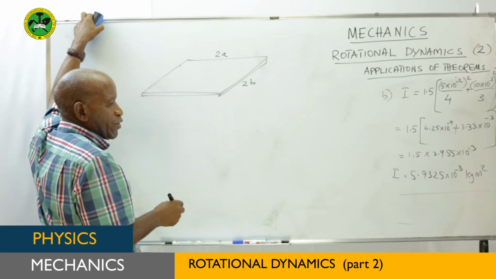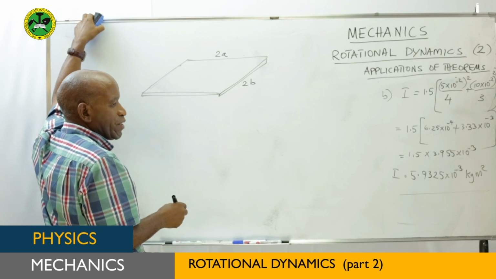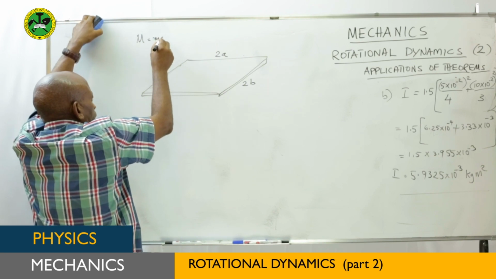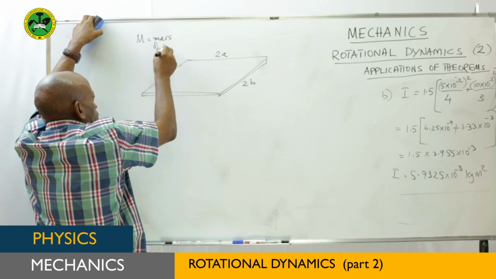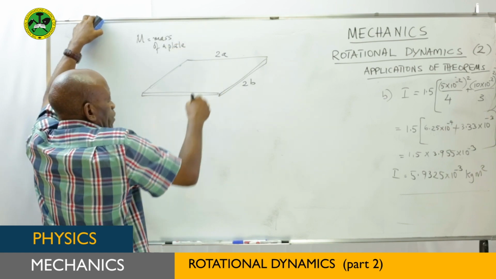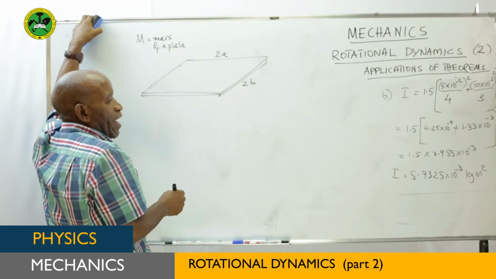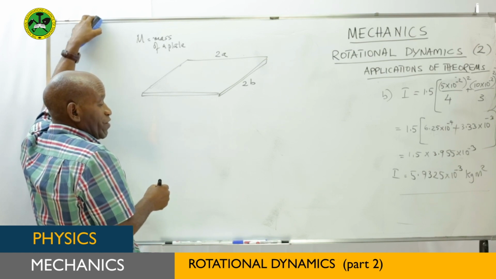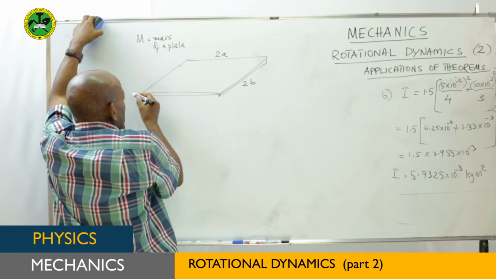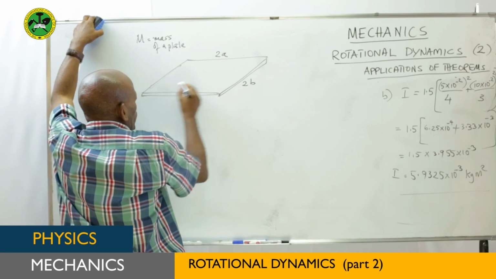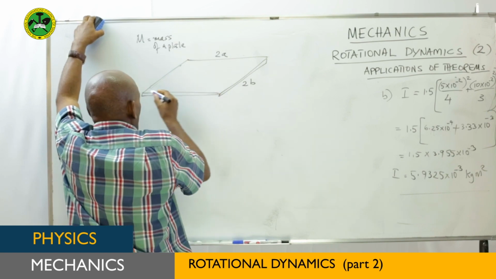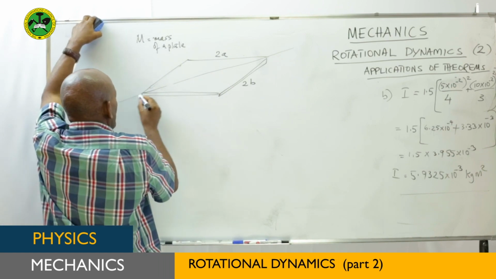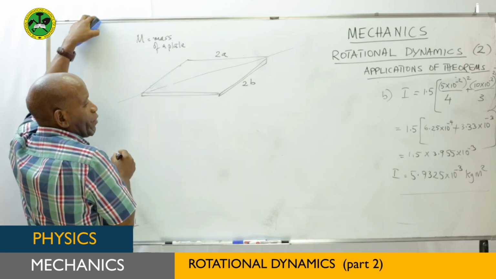So now we are being asked to show the moment of inertia of a rectangular plate of mass M with those sides about its diagonal. The axis of rotation is passing through its diagonal, that is from one corner to another corner.